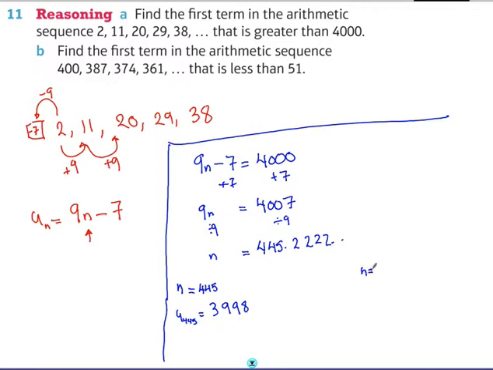But when n is the first integer above this decimal, so 446, u_446 is equal to 9 times 446, then subtract 7, gives us 4,007. As you can see, the 445th term is 3,998. The next term after 3,998 is 4,007. So this is the first term that is greater than 4,000.